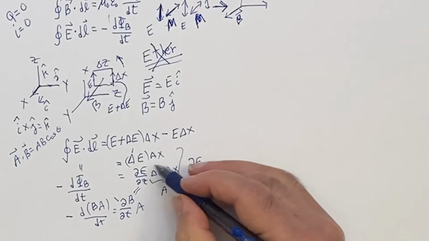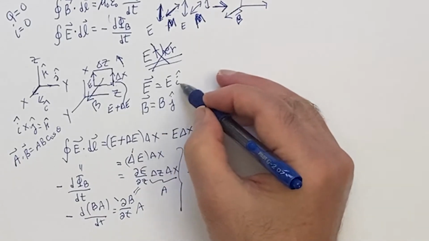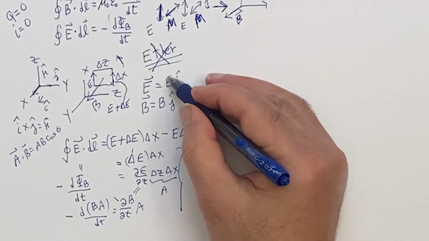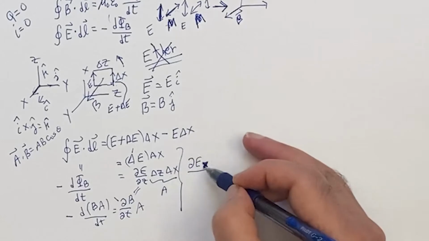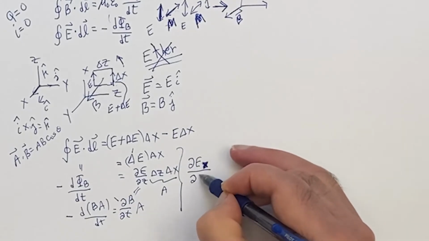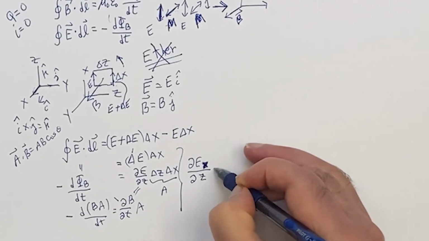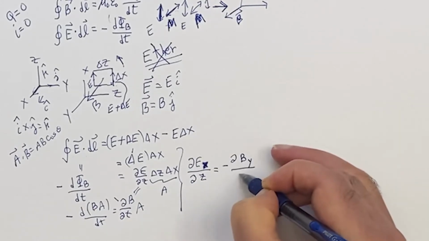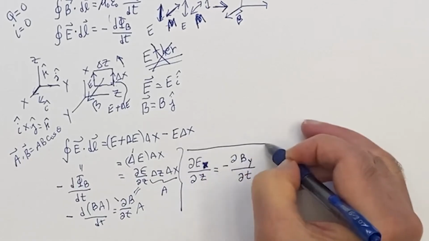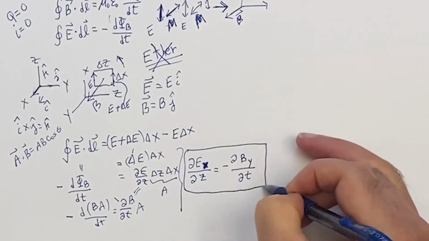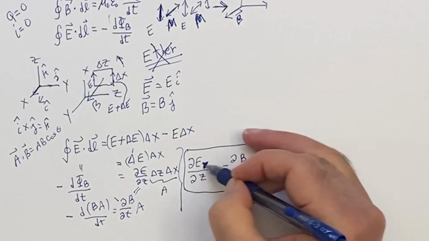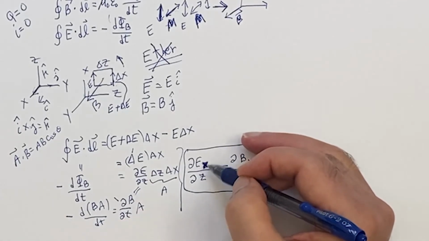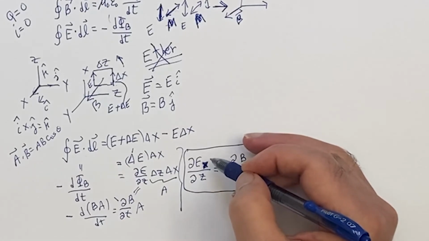So let's just emphasize that: E is in the x direction, like the magnitude that's hitting that is in the x direction, with respect to z is equal to minus the partial of B, and since the B is in the y direction, we will emphasize that. So here you have the result that a changing magnetic field sets up an electric field gradient. All right, there's a derivative there.